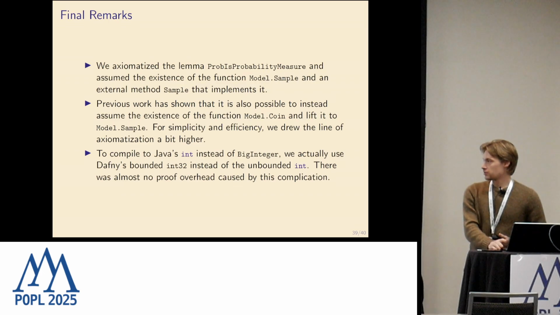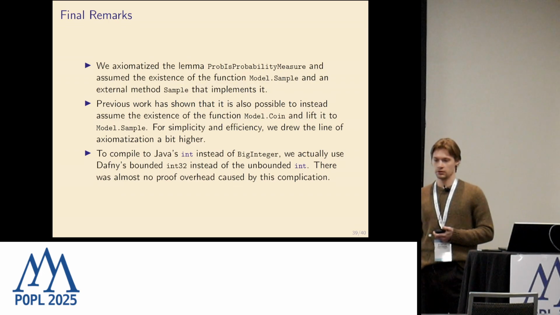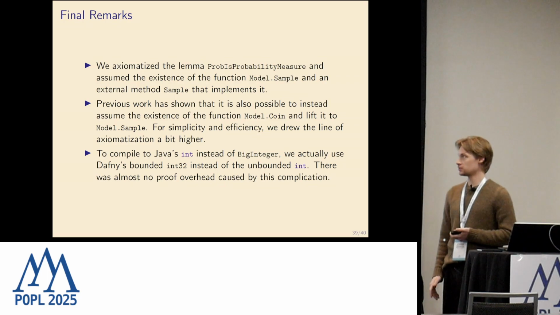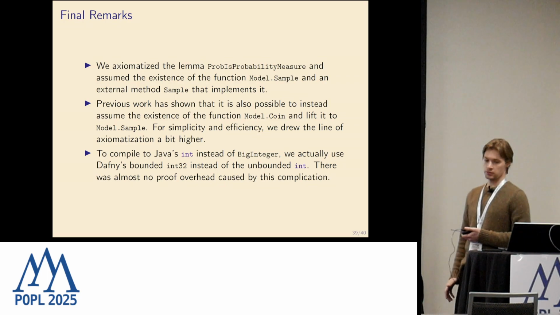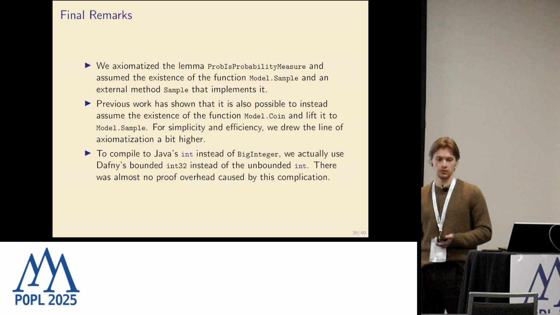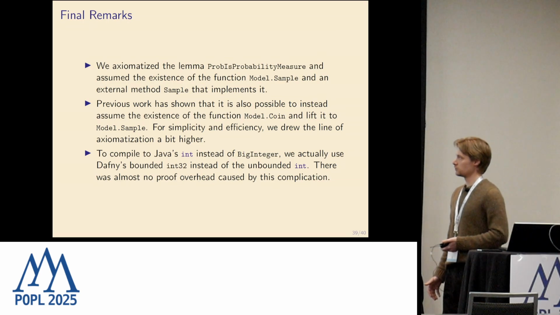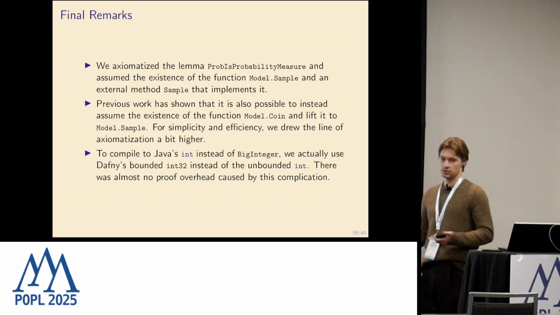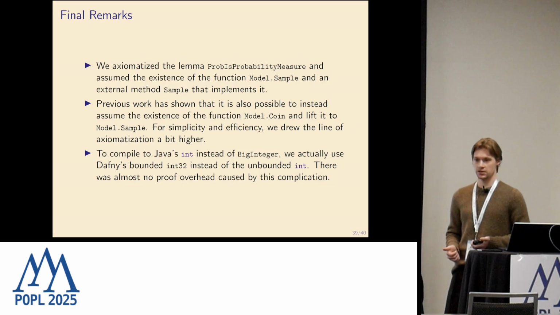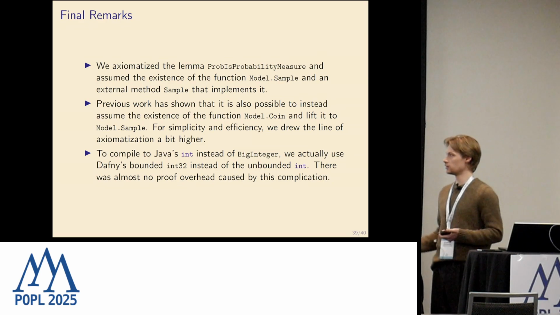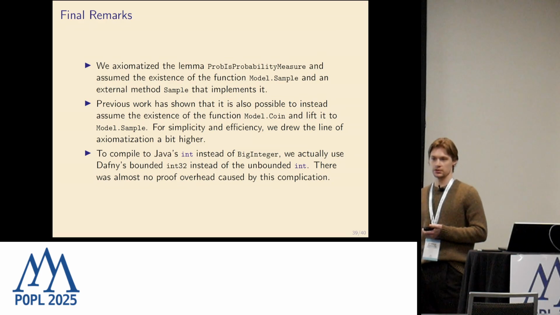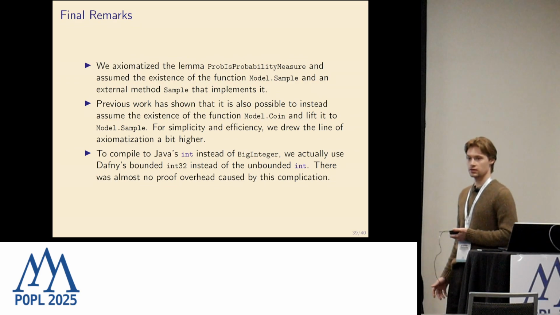All right, to sum up, we use 3 assumptions. One is that there exists a probability space on bit streams, which is something that Hurt has shown, and that was independently proven. And then we assume the existence of this functional model of the uniform sampler, which we then lift, and an external method sample that implements it and corresponds to that functional model.